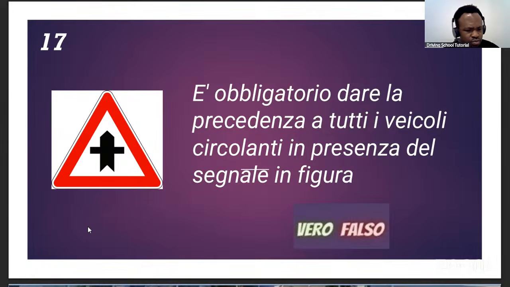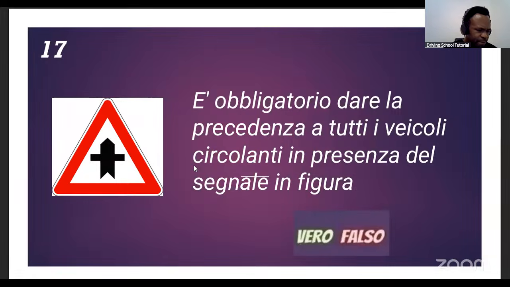Vero o falso? True or false? È obbligatorio dare la precedenza a tutti i veicoli circolanti in presenza del segnale in figura.